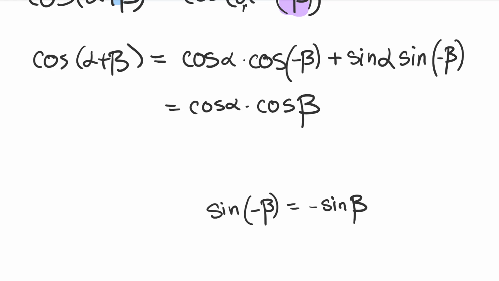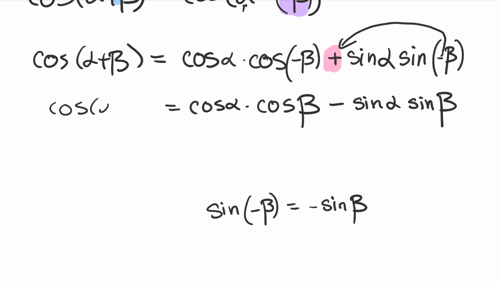That's an odd function, so we're merely going to change this sign right here when we plug this in. So then we go minus sine of alpha, sine of positive beta. It's because that negative traveled out and went over here. Okay. So there it is. There is our cosine of alpha plus beta.